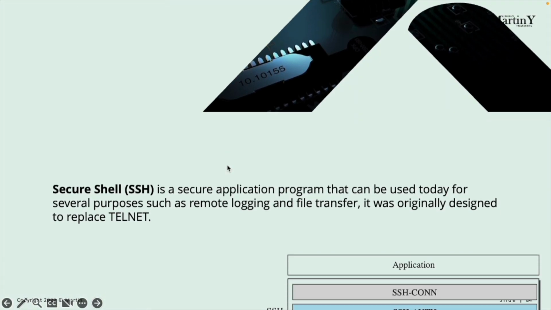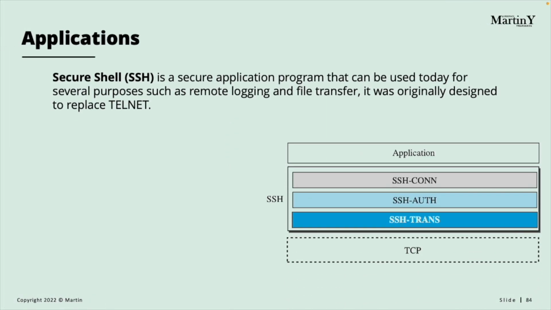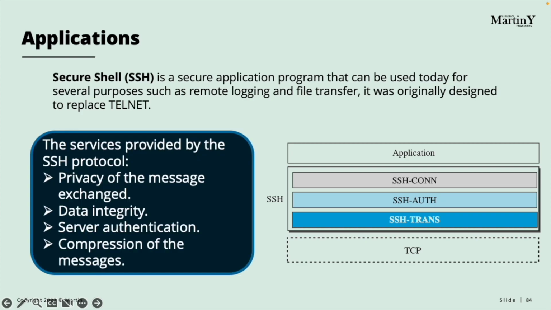But yeah, SSH is also used for remote logging, but it is more secure because it has quite a different architecture from telnet. Okay, so there were a few versions of SSH. I think the latest one is SSH2, which has this structure that you can see on the left.